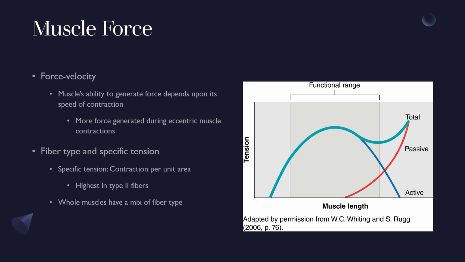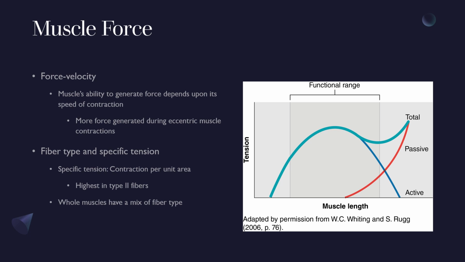The force-velocity relationship is typically represented graphically as a curve, as you see here on the right. At zero velocity in an isometric contraction, the muscle can produce its maximum force. As the velocity increases in either the concentric or eccentric direction, the force is going to decrease or increase respectively.